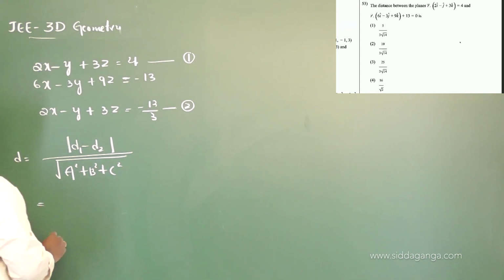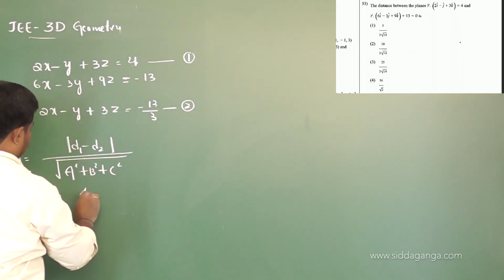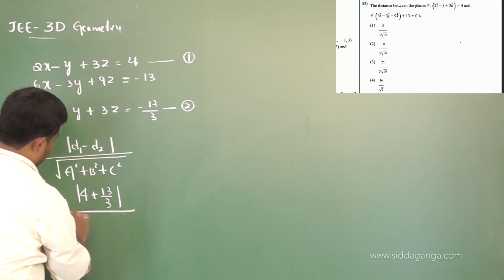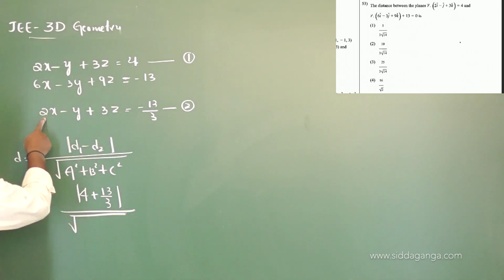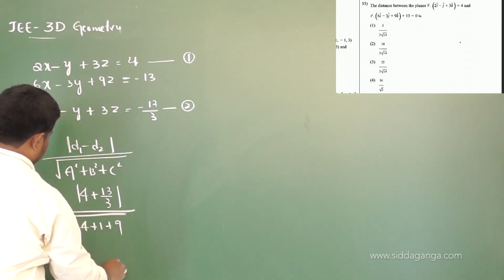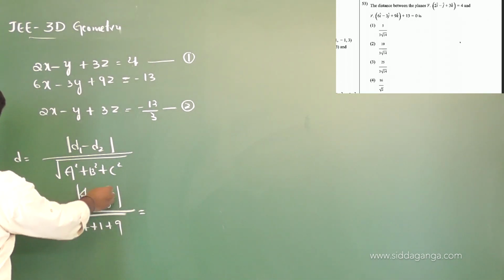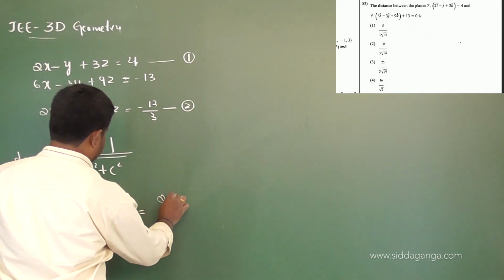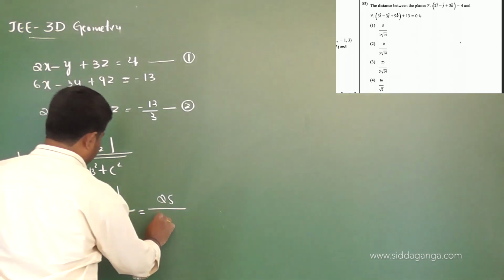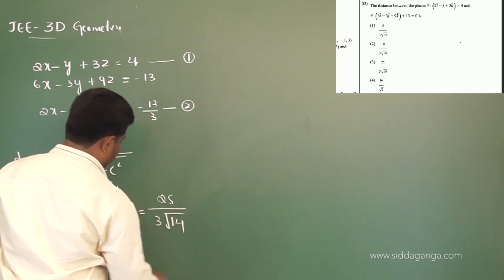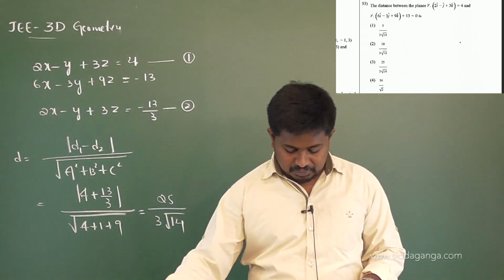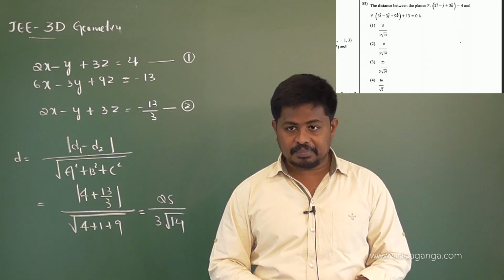So d1 is what? Actually 4 minus of minus 13 by 3, that is 4 plus 13 by 3, 25 by 3, divided by root of 2 square, 1 square, 3 square, that is root 14. So 25 by 3 root 14 is your required answer. The distance between the two parallel planes, that is option 3.